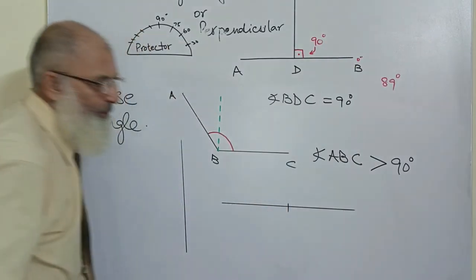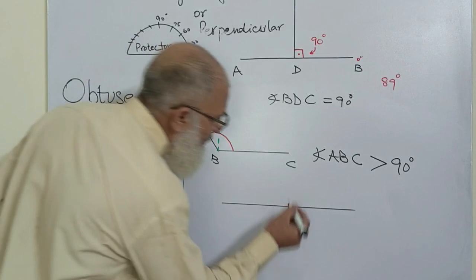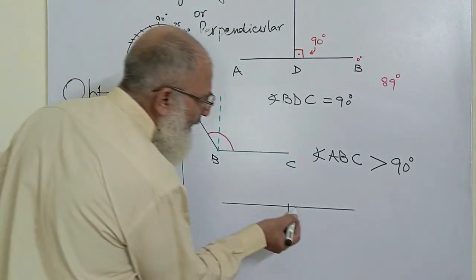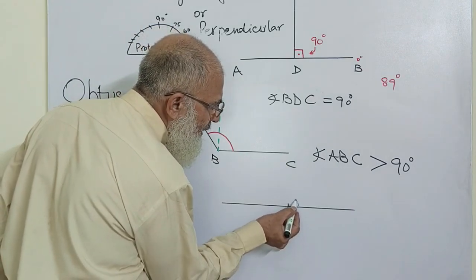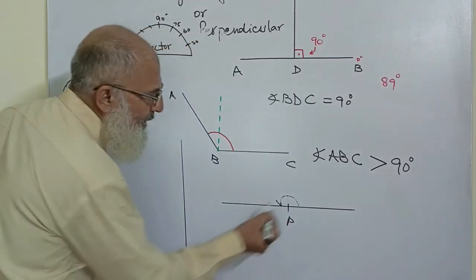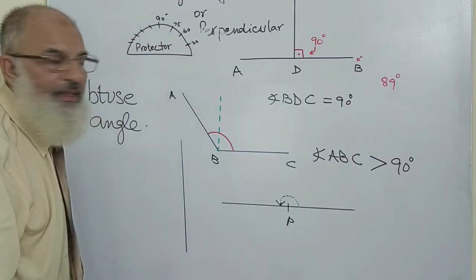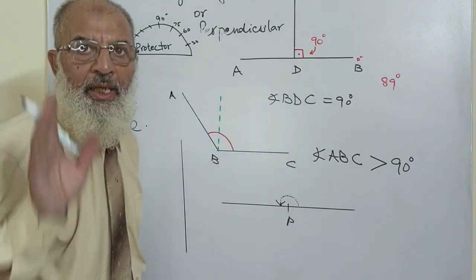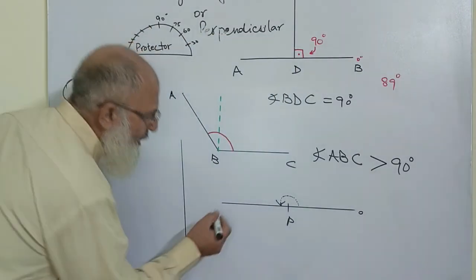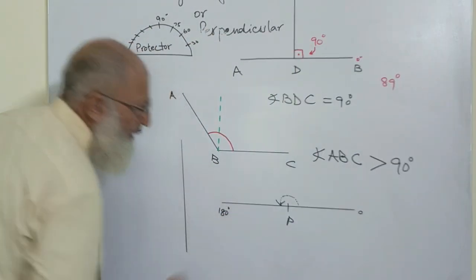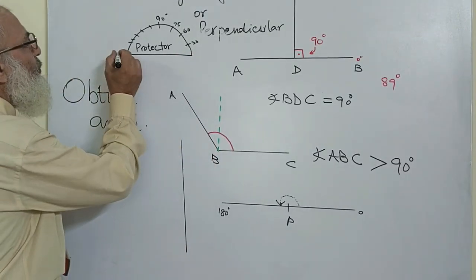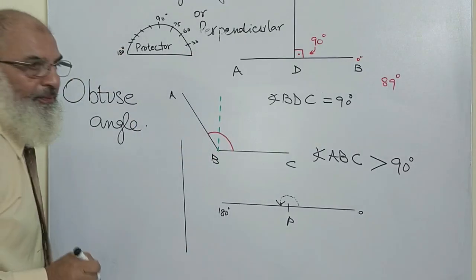Now here is a point which may be P. So if I go from here till here, it is forming an angle of 360 degree. Sorry, 180 degree, because here it is 0, here it is 180 degree, and in your protractor you will find it somewhere here.